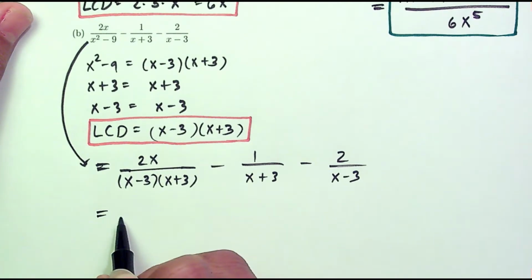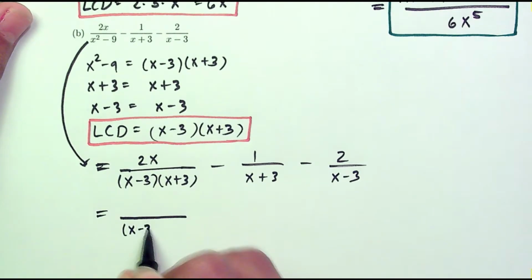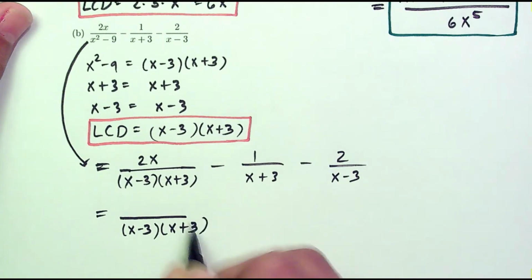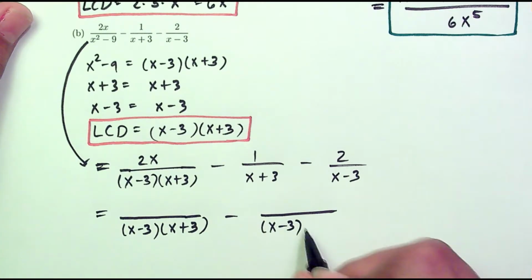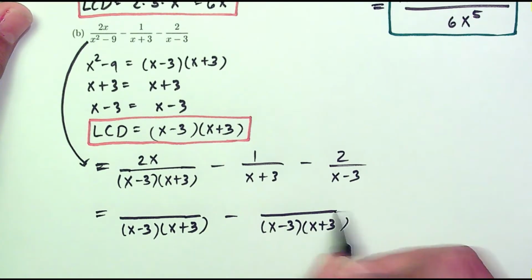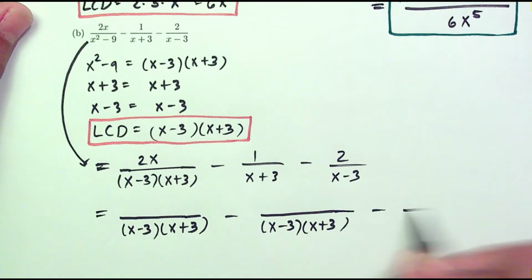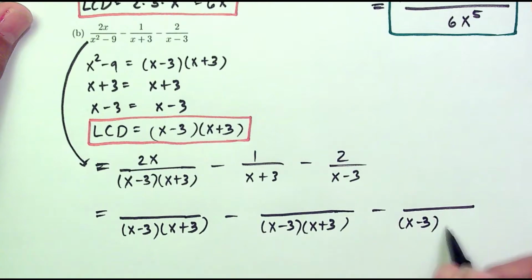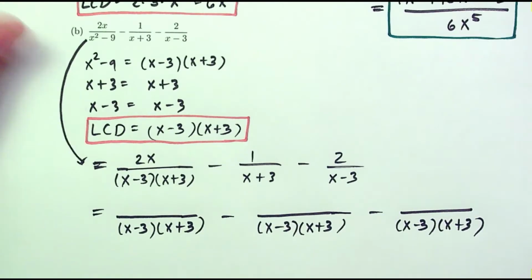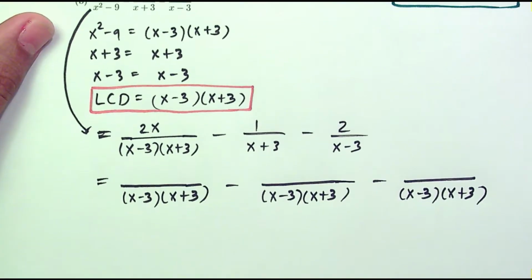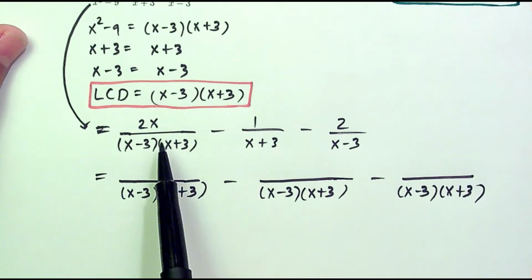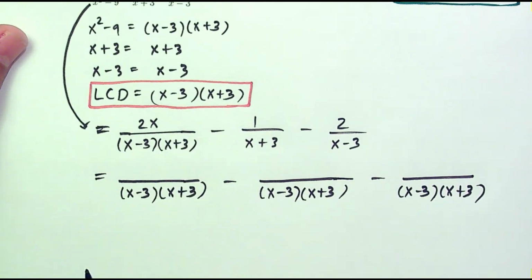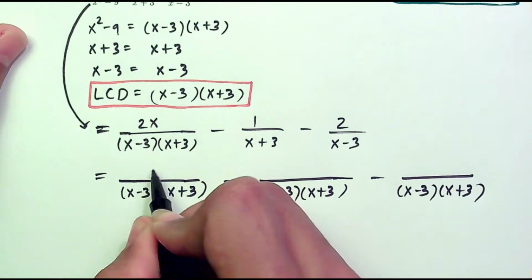So I'm going to convert each of the three fractions into new fractions, I mean rational expressions, that have this as the new denominator. And then you think, what is missing? Let's go one by one. What is missing from this one to get this as a denominator? Nothing is missing, right? So that means do nothing. So that one is good to go.